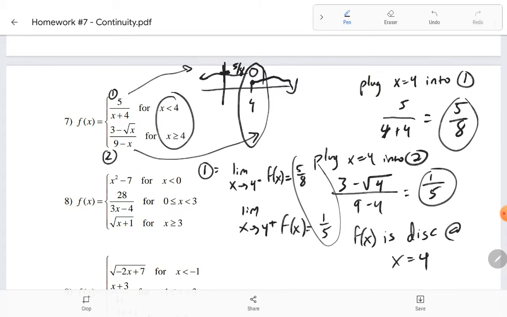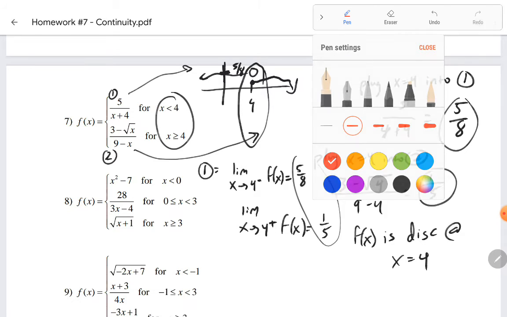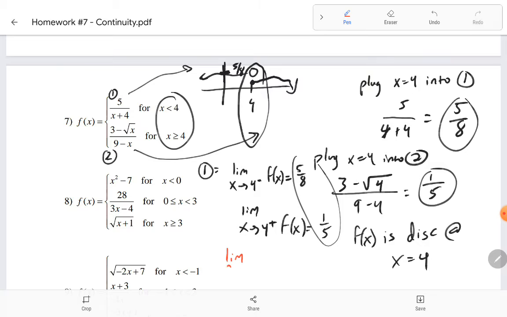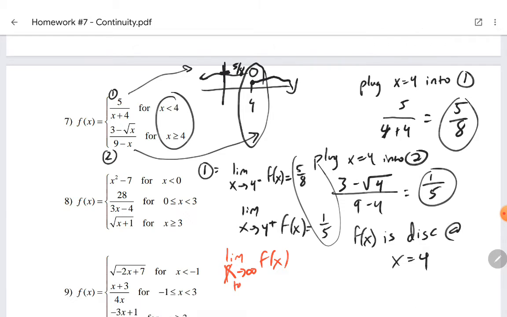I think the second or third part of these problems says to take this to infinity and negative infinity. So what that means is just, I'll do it in red, the limit as x goes to infinity of f of x. So infinity means to the right, essentially, which means we're looking at this guy.